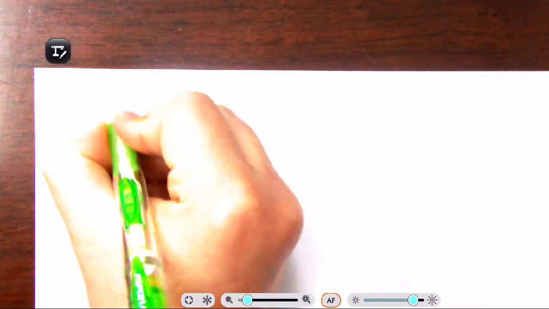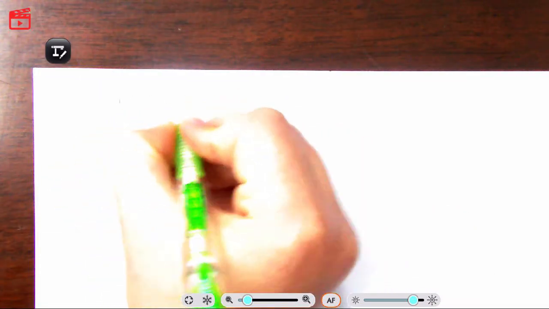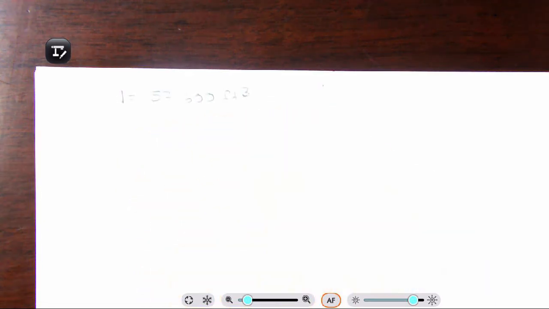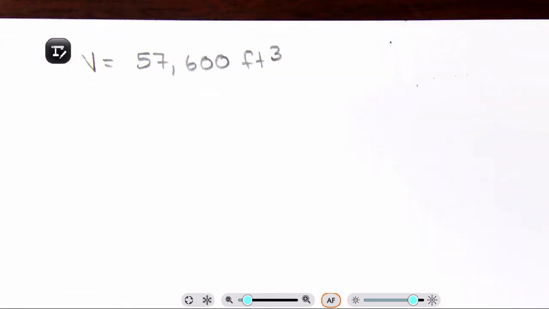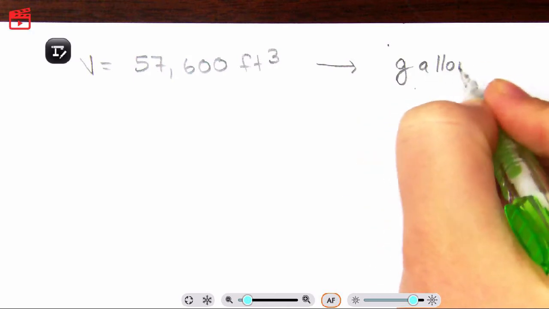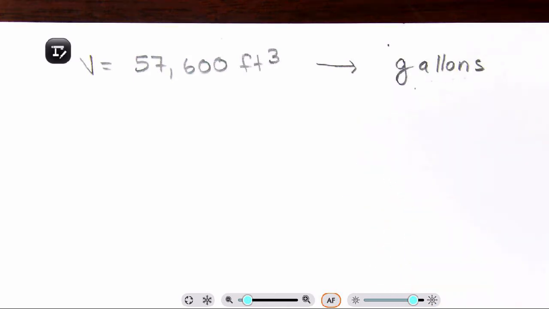So we have our volume as 57,600 feet cubed. Oh, you can't see that. Let me zoom in. Oh, wrong way. There it is. And we want it in gallons. So what do we know about gallons?